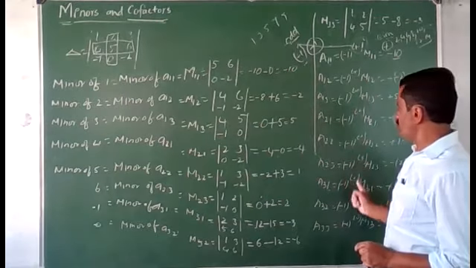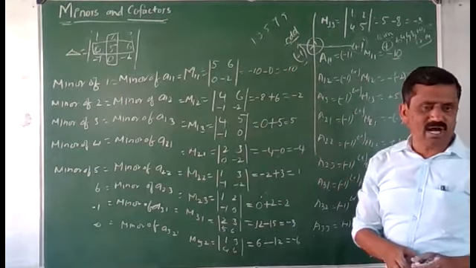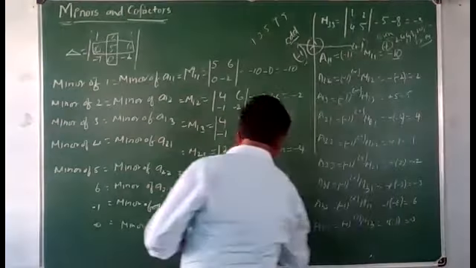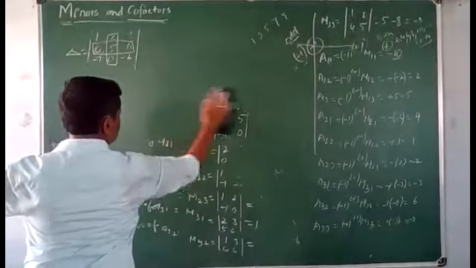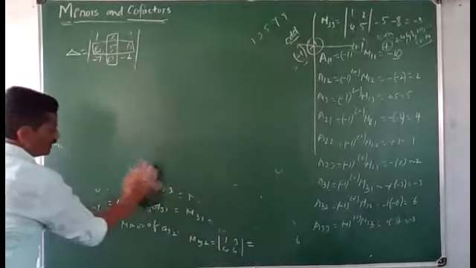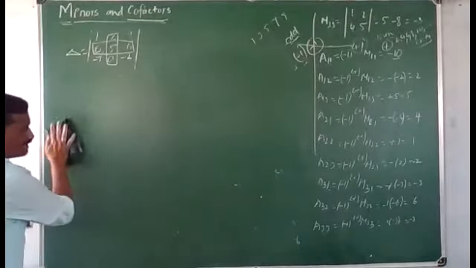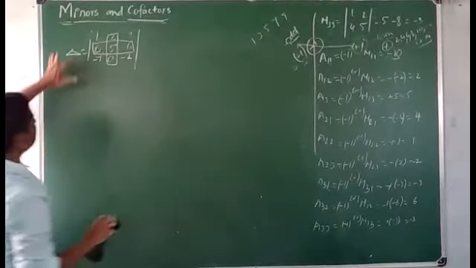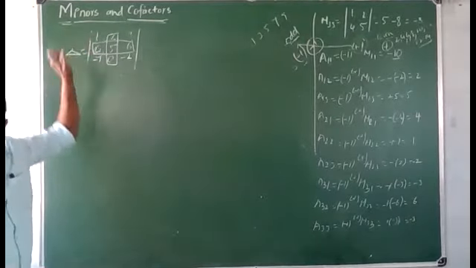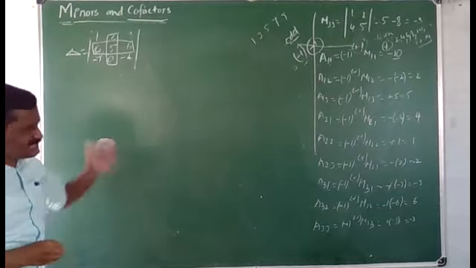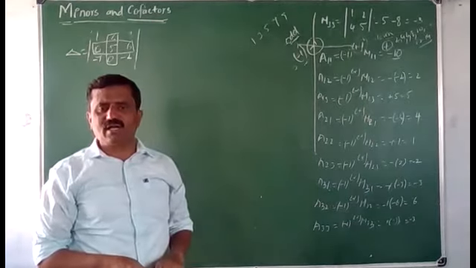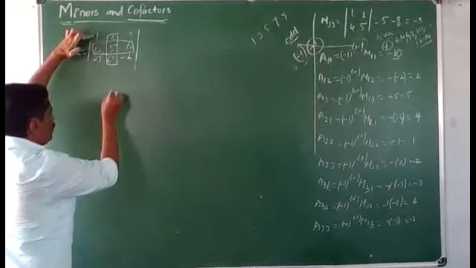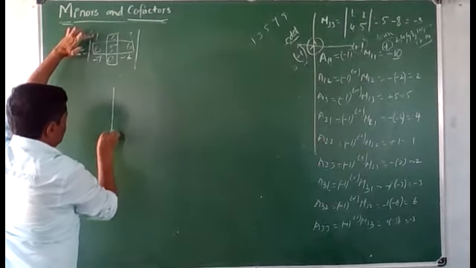So this is how to find minors and cofactors. Usually here I'll replace every element by its cofactor. So what is the cofactor of 1?